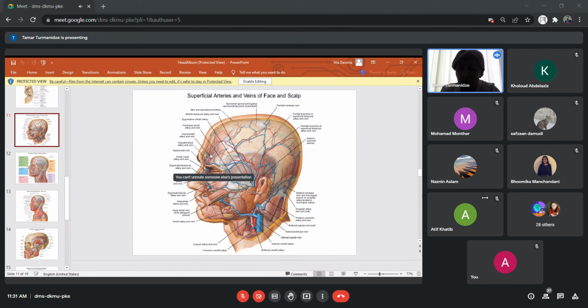The arteries are accompanied by same-named veins, the supraorbital and supratrochlear veins. The posterior part of the frontoparieto-occipital region is supplied by the posterior auricular artery and the occipital artery. These arteries are branches of the external carotid artery.